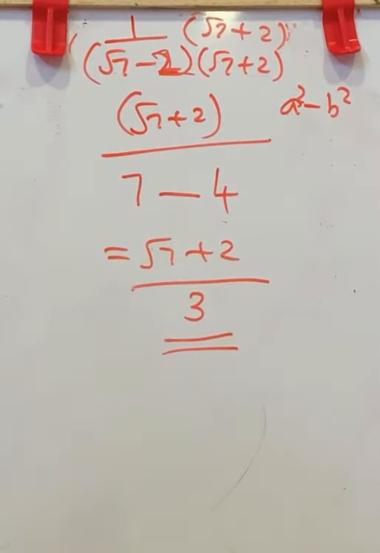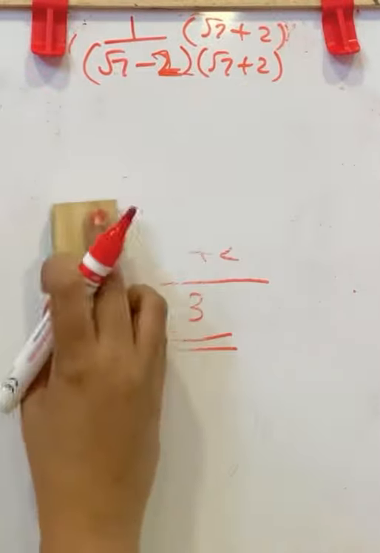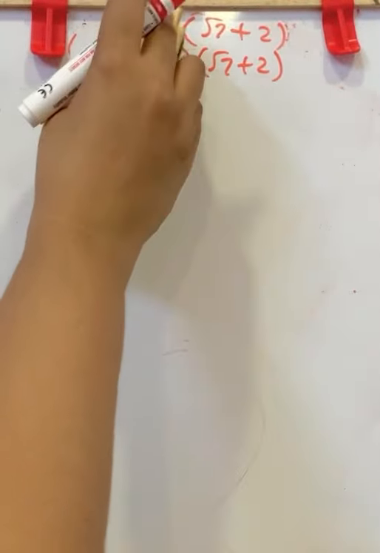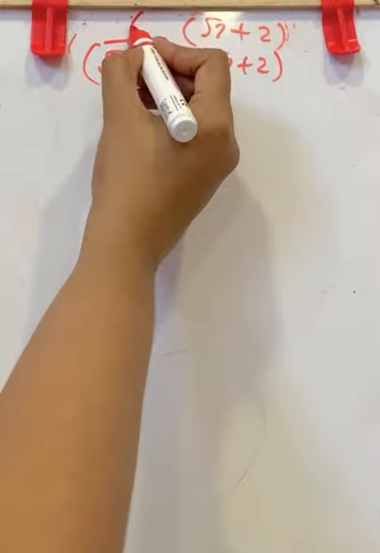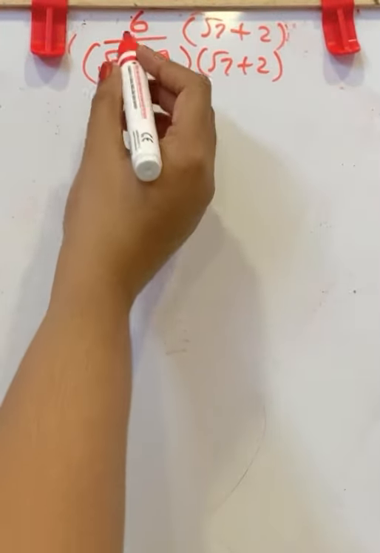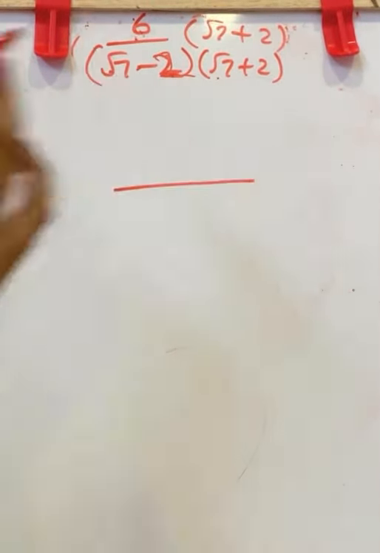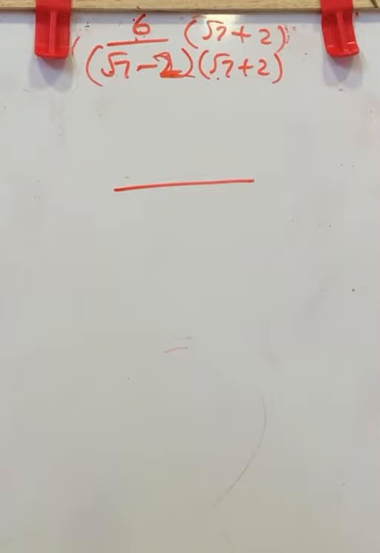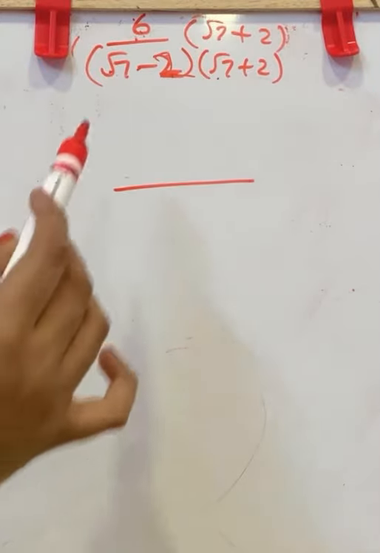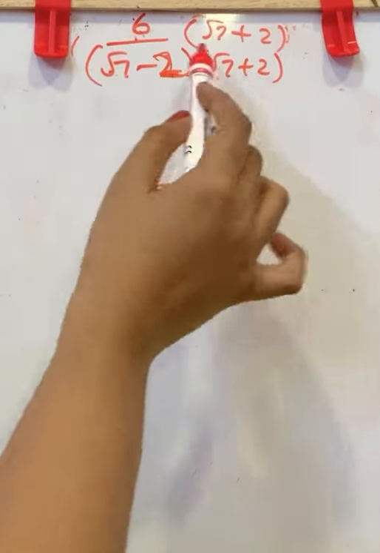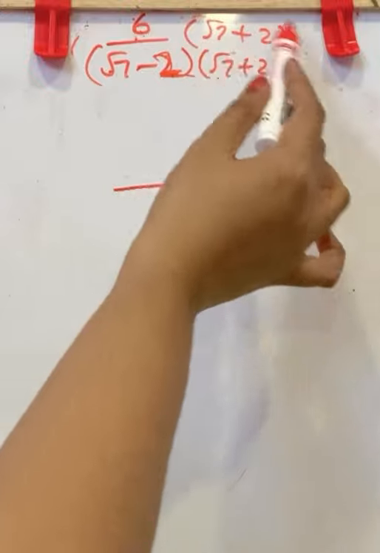In this case, if it was like this, that is 6 is there, then in the denominator we have a minus b into a plus b, that is a square minus b square, as in the previous question. But in the numerator, the previous question was simple because it was 1 here, so 1 into this is the term itself.